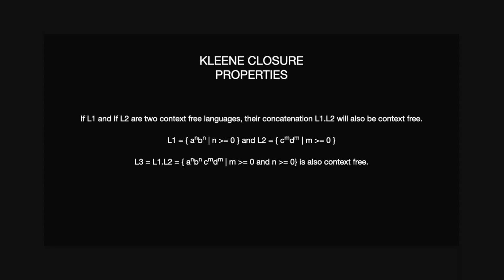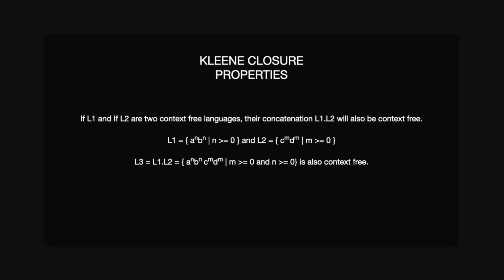In other words, L1 says the number of a's should be equal to the number of b's, and L2 says the number of c's should be equal to the number of d's. The concatenation says that first the number of a's should be equal to the number of b's, then the number of c's must be equal to the number of d's.